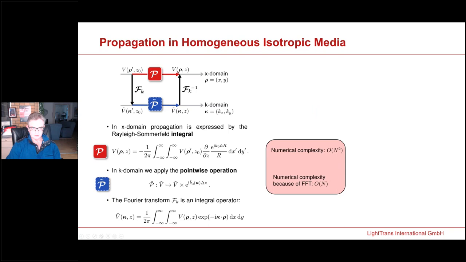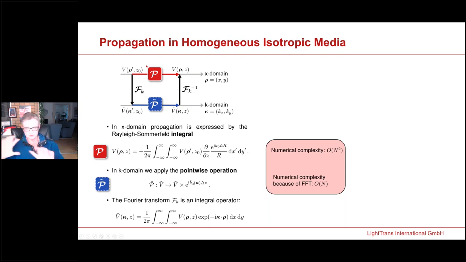The complexity here is n to the power of 2 in an integral. And here the complexity is linear in n. Why? Because thanks to the mathematicians. The mathematicians have given us a gift of the FFT, the fast Fourier transform, which is linear in n. That means when we go via the Fourier transform, we have linear n, linear n, linear n, which is very often much, much better than to take n to the power of 2.